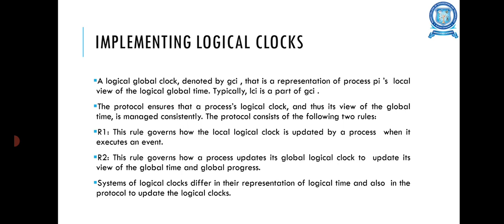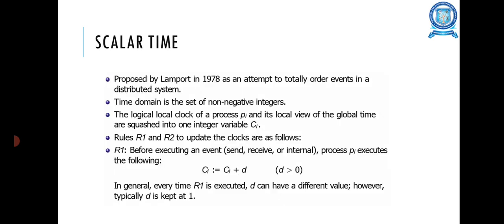Systems of logical clocks differ in their representation of the logical clock and also in the protocol to update the logical clocks. The next topic is scalar time. Scalar time was proposed by Lamport in 1978 as an attempt to totally order events in a distributed system.